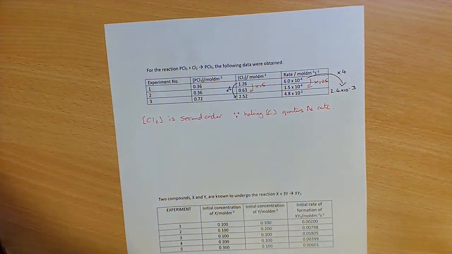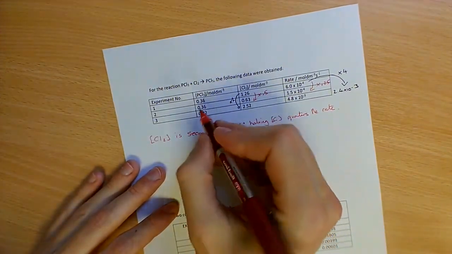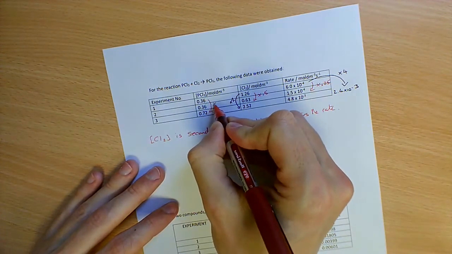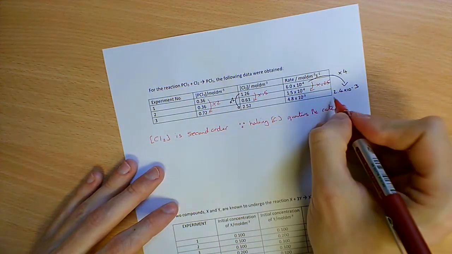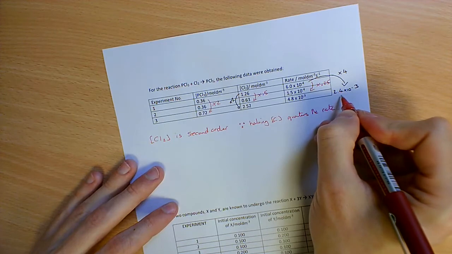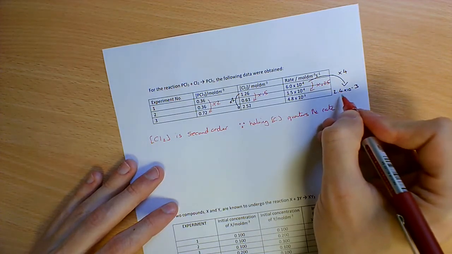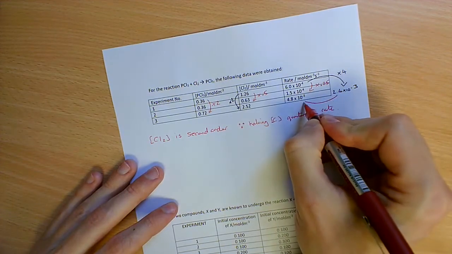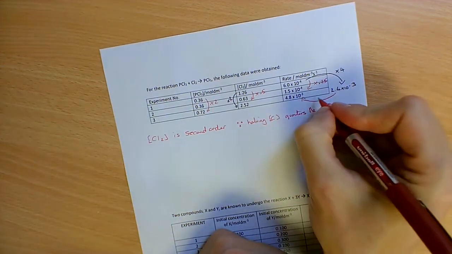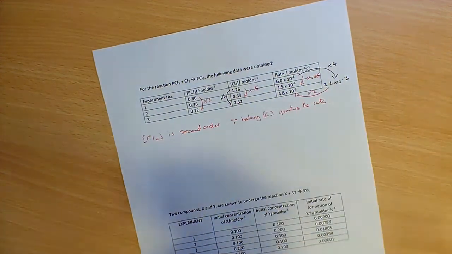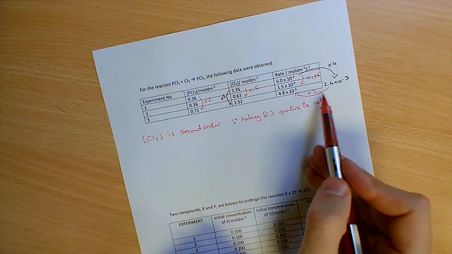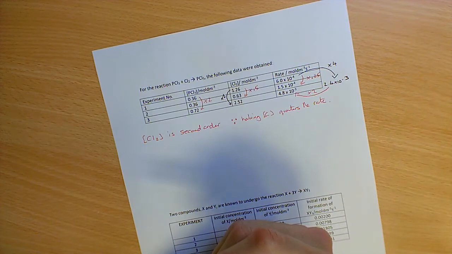So in terms of the PCl3 then, what's happened to the PCl3 between 1 and 3? Well, it's doubled. And what is the difference between this rate that we've calculated from changing the Cl2 and the actual final rate? Well, it's exactly double, isn't it? So by doubling the PCl3, it has doubled the initial rate.